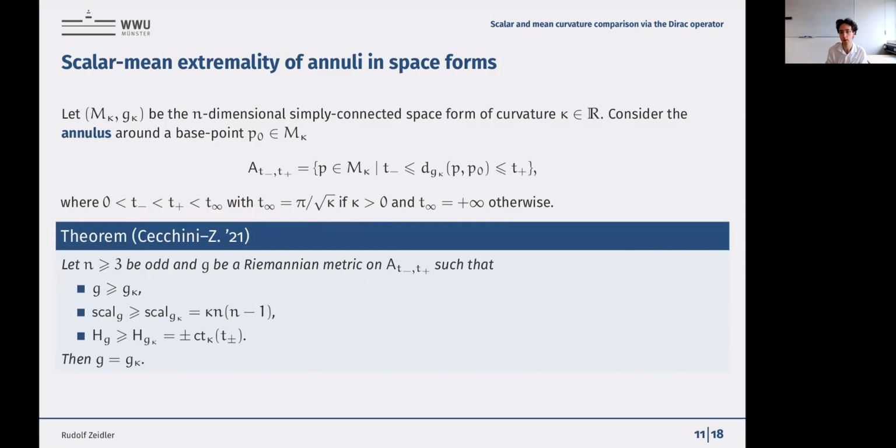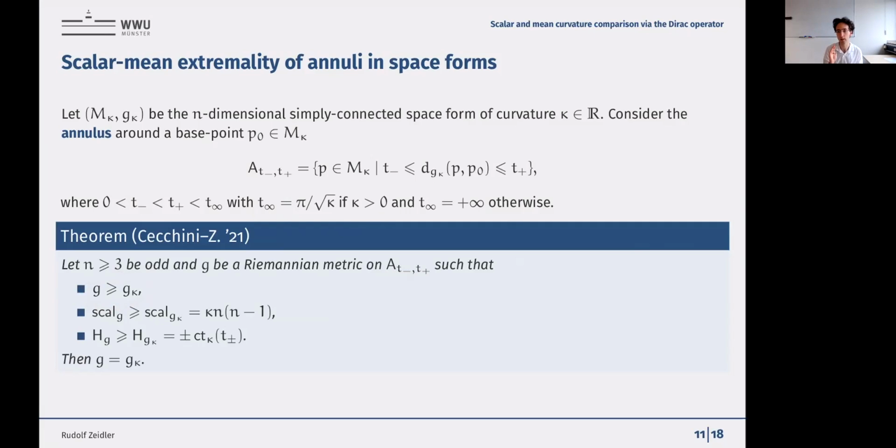And now, if we assume that we have such an annulus, and again, for technical reasons, we focus on a certain parity of the dimension, namely on odd dimensions, and we take a Riemannian metric g, another one, not necessarily the standard one, on this annulus, under the assumption that the metric is bounded below by the standard metric.